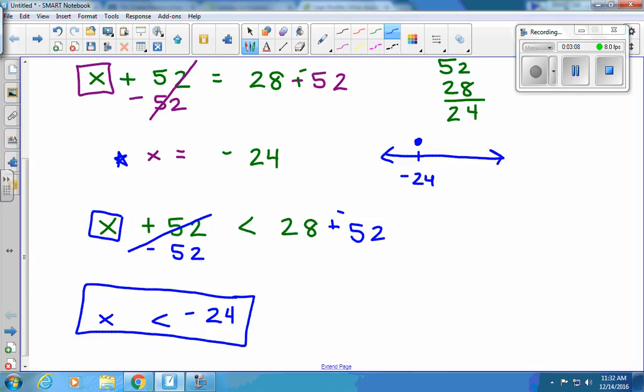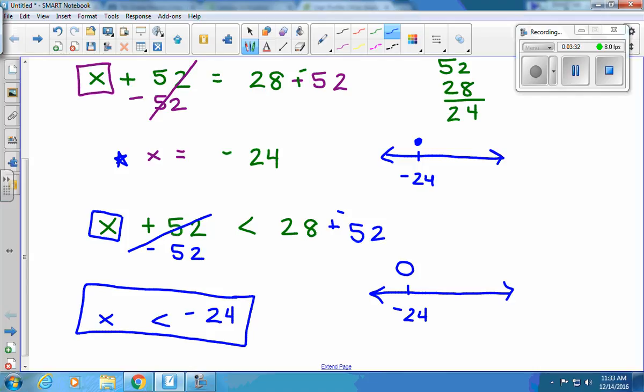But now with inequalities, earlier, you also learned how to graph inequalities. Remember? If x is first, I'm going to put my negative 24. Is this going to be an open or closed circle? Open. Why is it open? Who can raise their hand and tell me? Anna. There's no line under it, so that means it's not what?